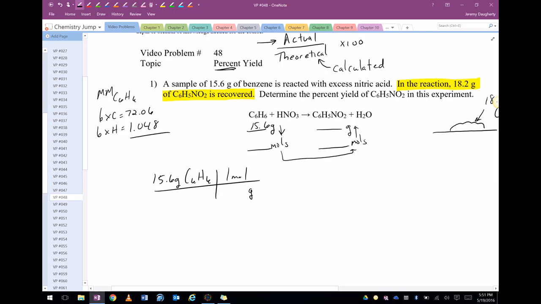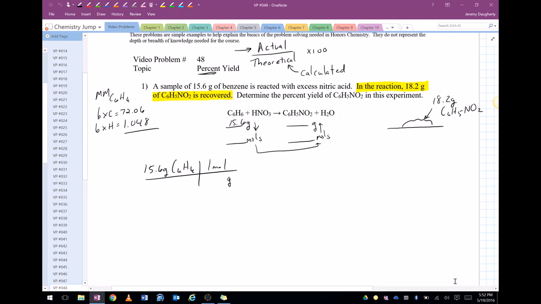Let's see, make sure I'm right here. Big silly head. This should be 6.048. You guys knew that though, didn't you? So let's try, there we go, 6.048.